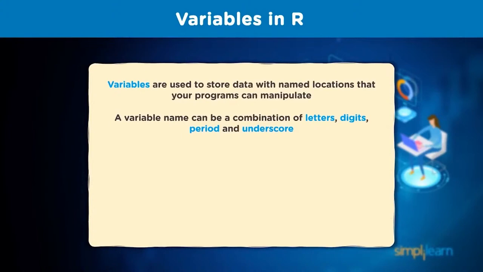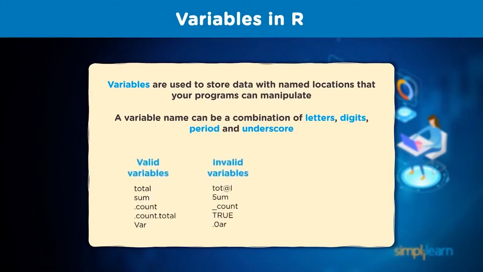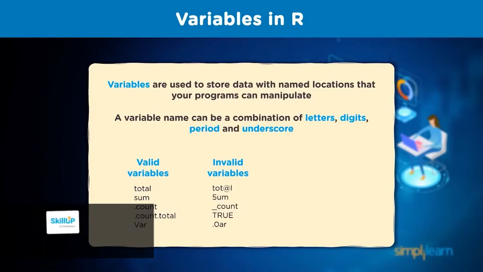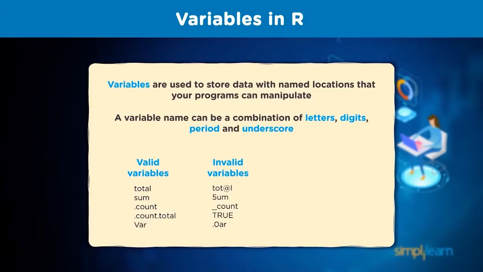A variable can be a combination of letters, digits, period, and underscore. So you can have some valid variables such as total, sum. You can also have dot notation. There are different naming or style conventions in R, and we can use a dot to separate names in the description of a variable. We can also start a variable with a dot. We can include numbers in a variable.